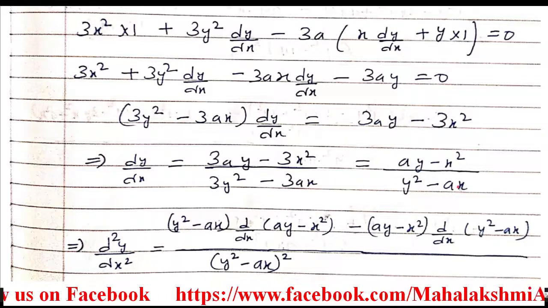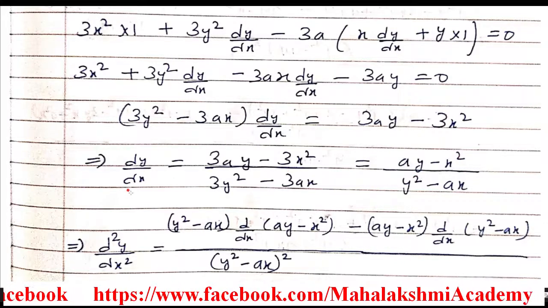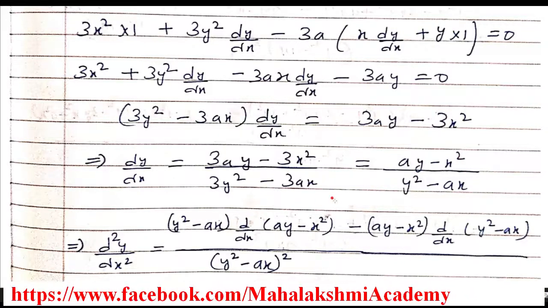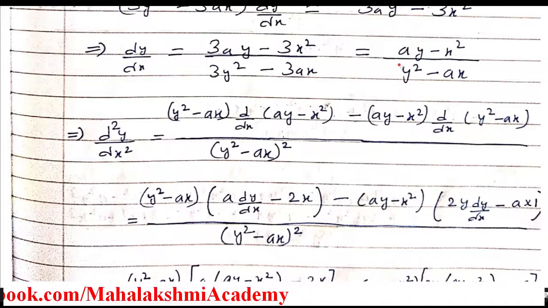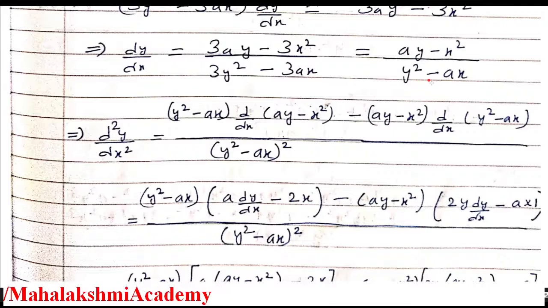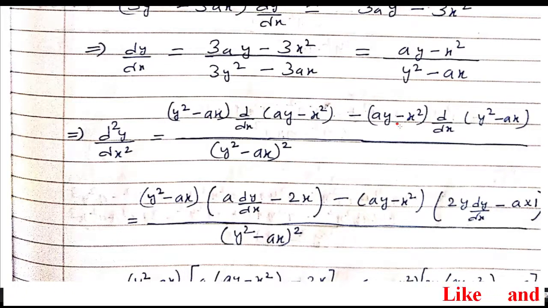Since we obtained the fraction, to find out the second order derivative, you have to use the fraction formula. So in a fraction, when we have to differentiate, what is the formula? Denominator square, then denominator as it is, numerator differentiation first. So the numerator is ay minus x square, then numerator as it is, and denominator differentiation.